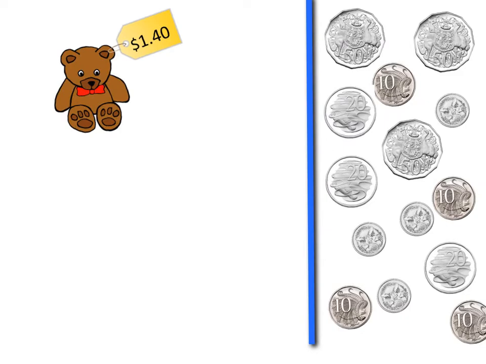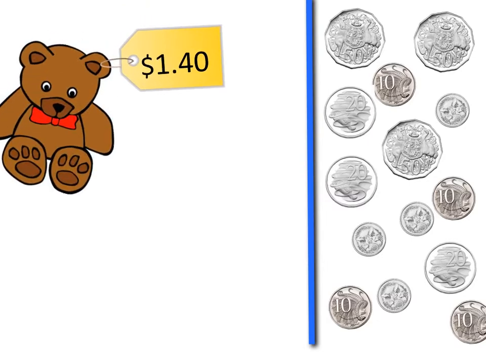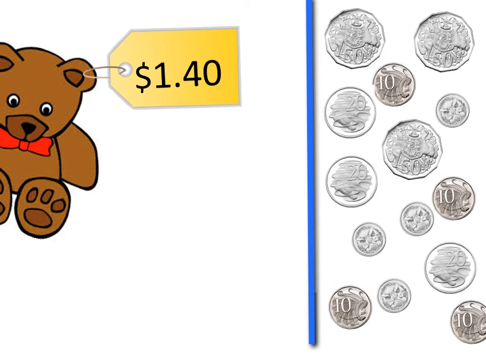The great thing about money though is that we can make the amount in several different ways. So I wouldn't have to just use the coins that I used before to make $1.40. I could use different kinds of coins. So again, I'd look inside my pocket to see what coins I actually have. And first I make the dollar amount, which is $1.